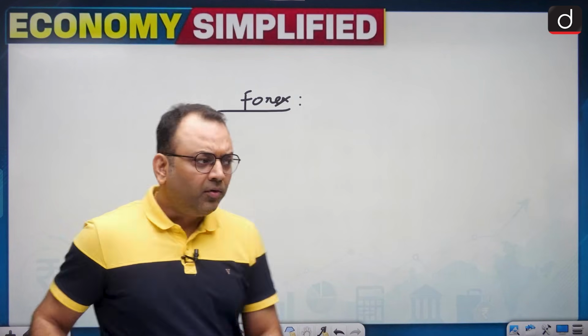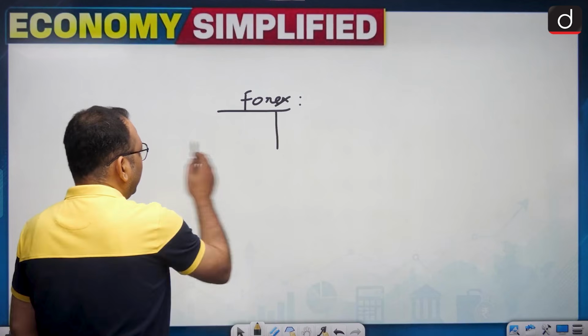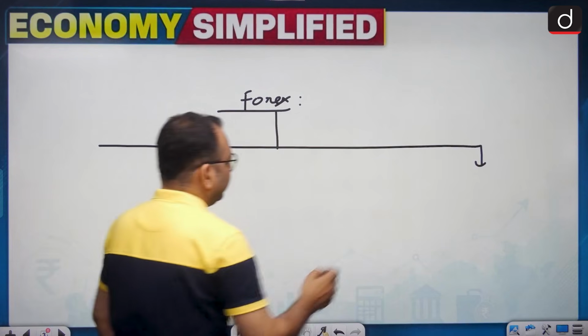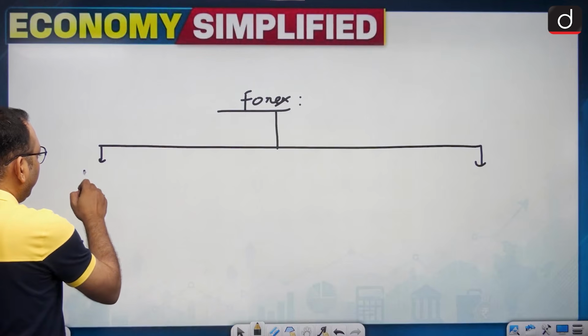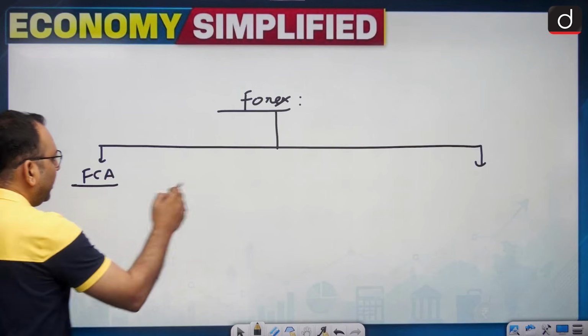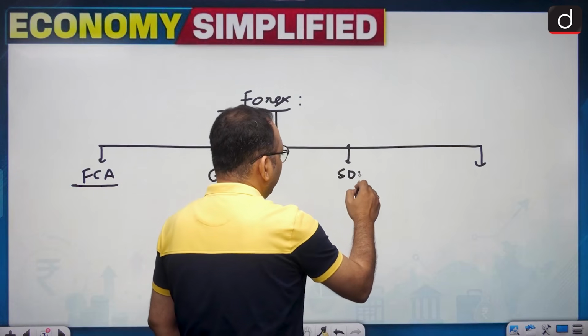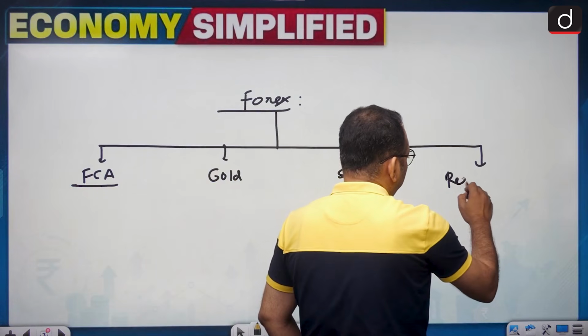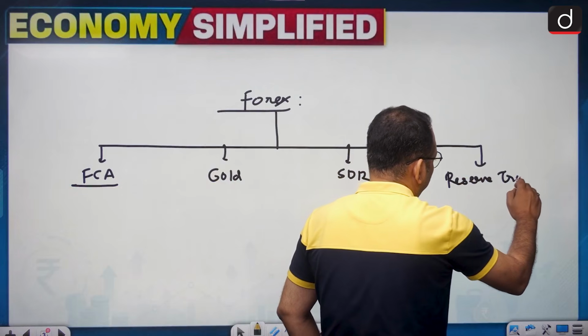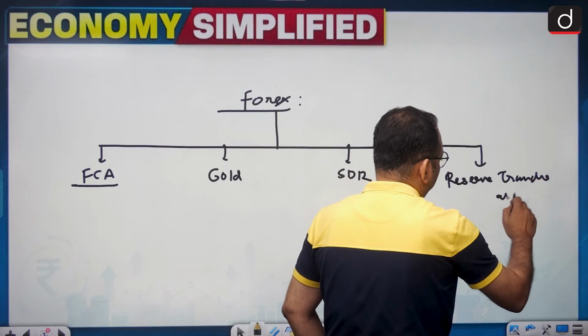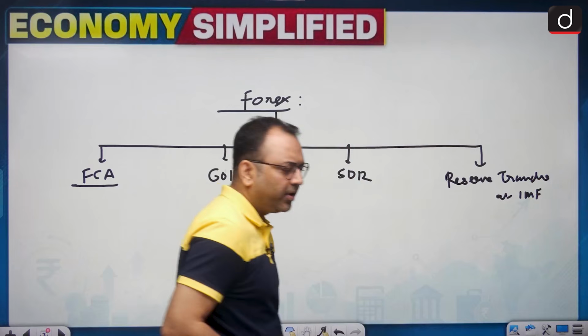Now Forex reserves usually have four components. One is the foreign currency assets, one is the gold, one is the SDR, and the fourth is the reserve tranche at the IMF. Let's see them one by one.